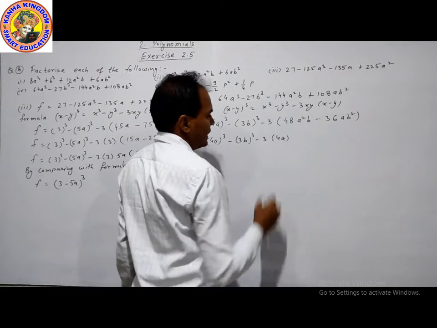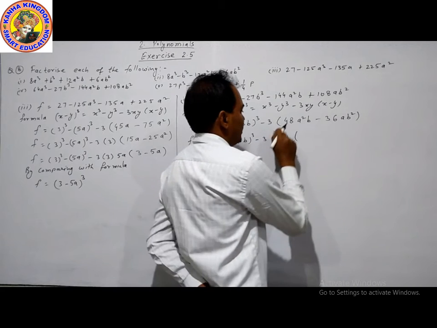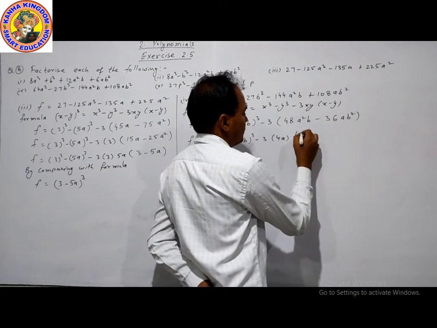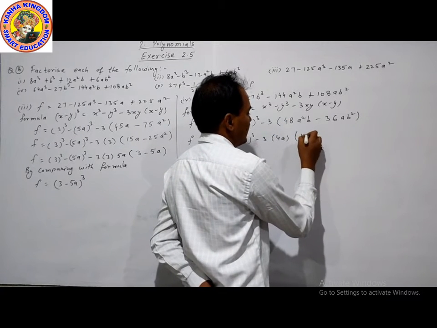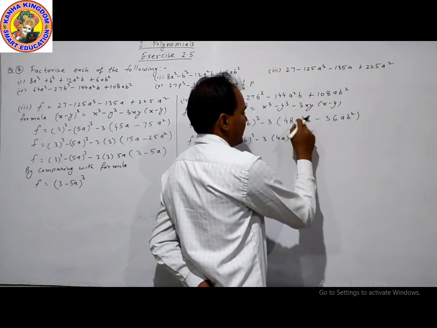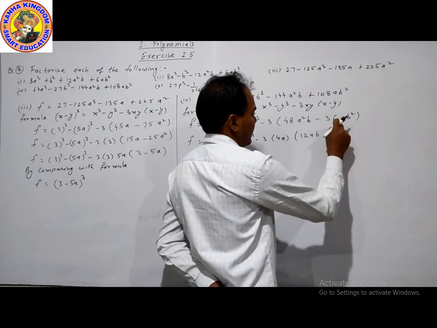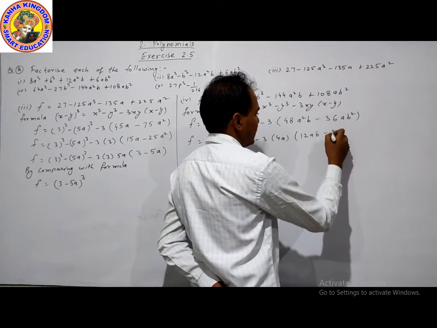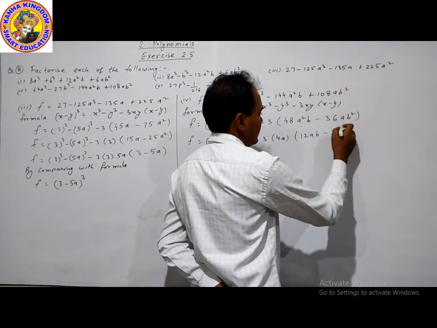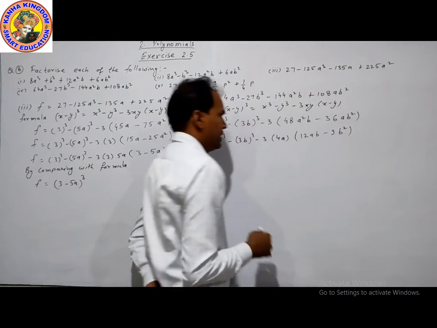Now 4a as a common, dividing by 4: 1 time, 2 times. Now dividing by a, b. Dividing by 4a: 9 times, a and a cancel. This is our b square.